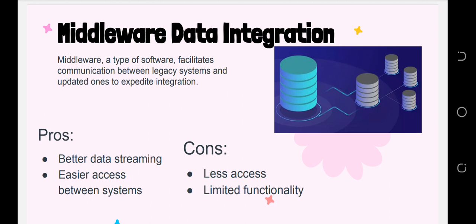And I have here an example for the middleware data integration: implementing a customer 360. Let's say that as part of your approach to data management, you want to create a single source of truth for customer data, for example, customer 360.